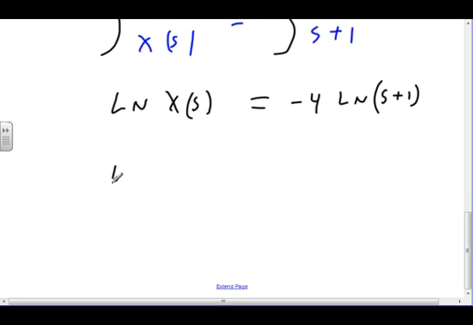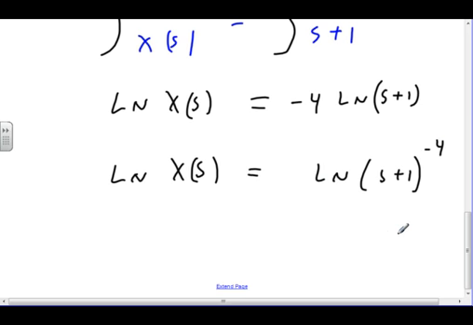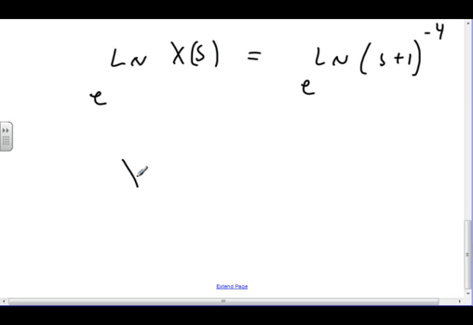Okay, so I have natural log x of s equals natural log of s plus 1 to the minus 4. I raise as powers of e. X of s is equal to 1 over s plus 1 to the 4th.